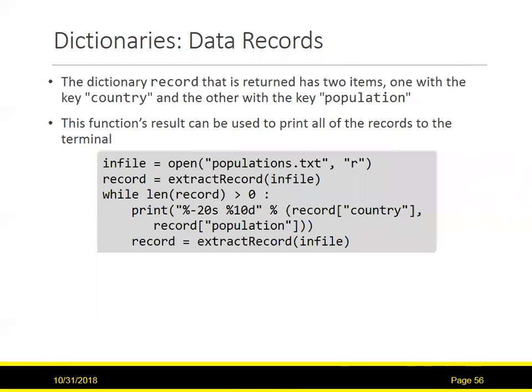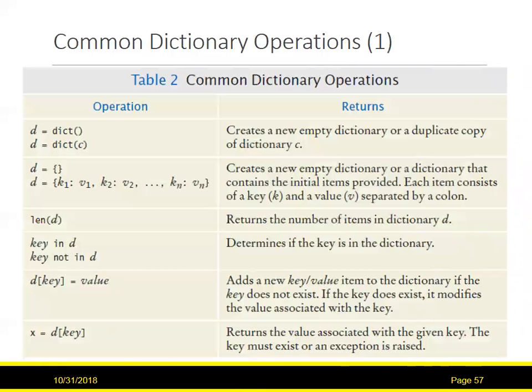In this example, we still have the record dictionary that extract record returns, and it's just showing getting a value for the key country and for the key population. It's a more direct approach so that it's a little bit easier to understand because everything's labeled, as opposed to just having a list of data without labels.